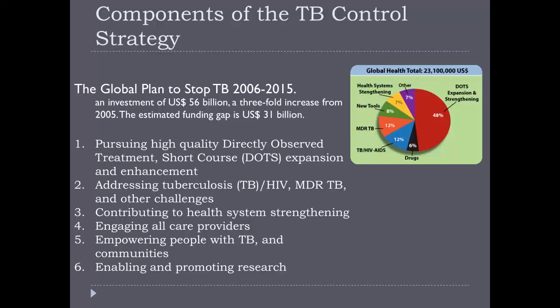Health system strengthening is 7%, and then all the other stuff is 7%. But you can see here the six points of what they think is necessary to strengthen it, and basically what you see in the figure is developing new drugs, empowering people with TB in communities, enabling and promoting research, promoting DOTS therapy, and so on.